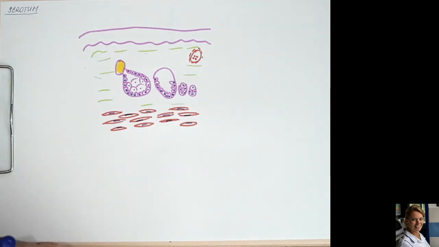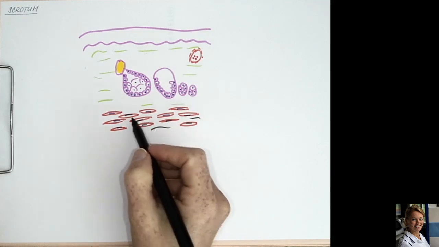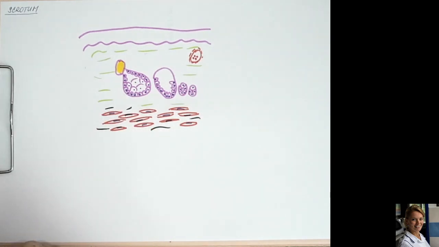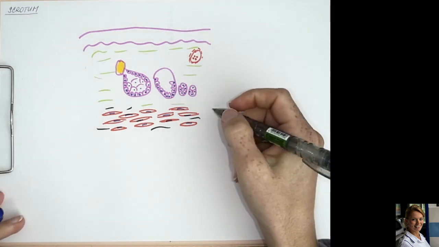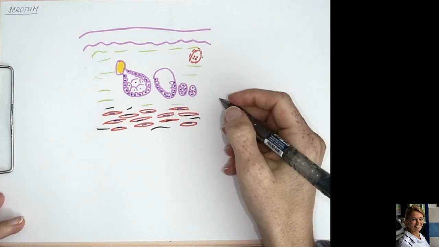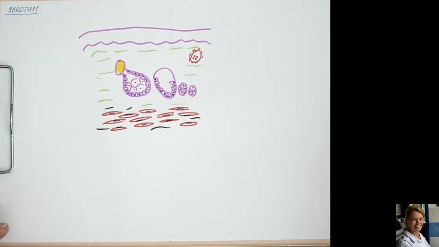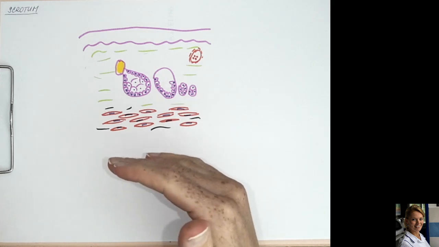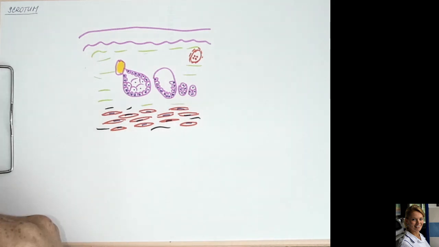And there are also elastic fibers, and this layer is called dartos fascia or tunica dartos. Below the dartos fascia, there are two sheets of connective tissue.